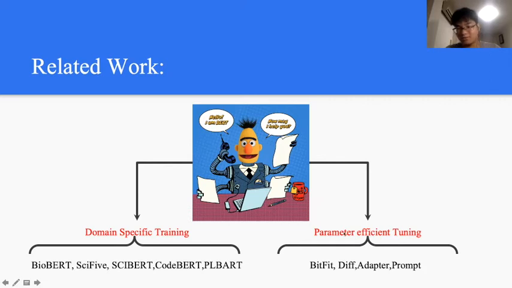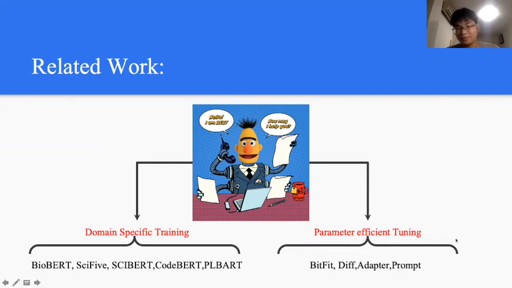And the second type of related work is parameter-efficient tuning. We know that fine-tuning from those domain-specific checkpoints is time-consuming and results in higher costs. Researchers attempt to search for efficient tuning methods. Many parameter-efficient tuning methods have been proposed in recent years, like BitFit, diff pruning, and adapter methods.